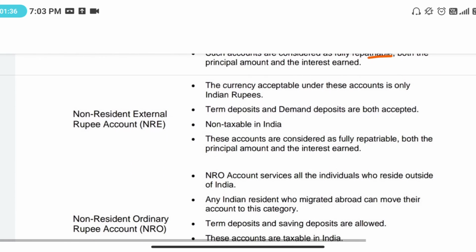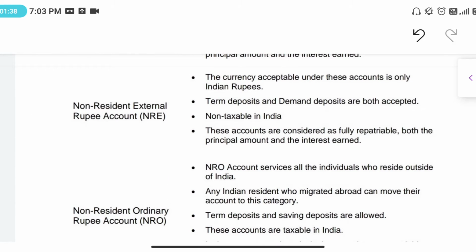Then the second type of account is the non-resident external rupee account. Under this account, the amount received will be in Indian rupees, so the currency acceptable under these accounts is only Indian rupees. These accounts are of both types, term deposit and demand deposit.